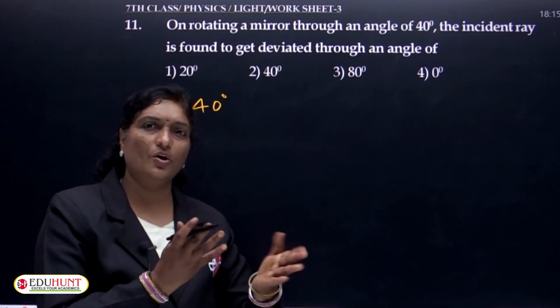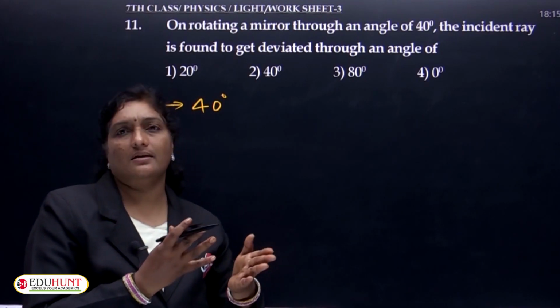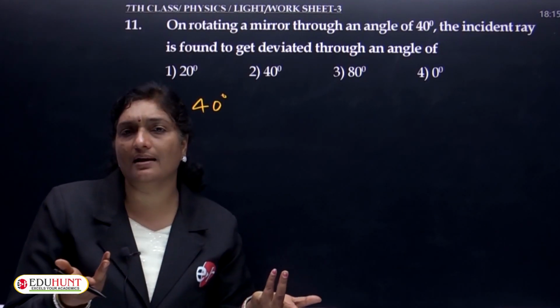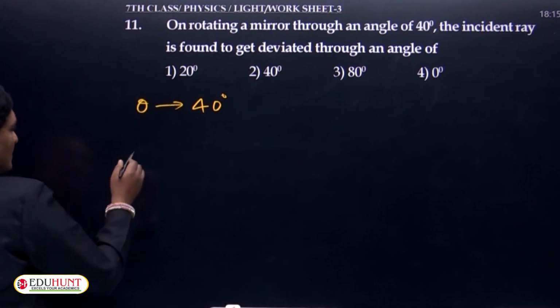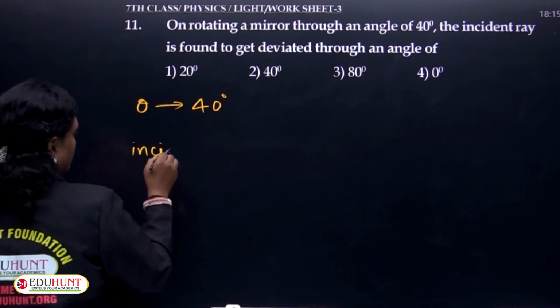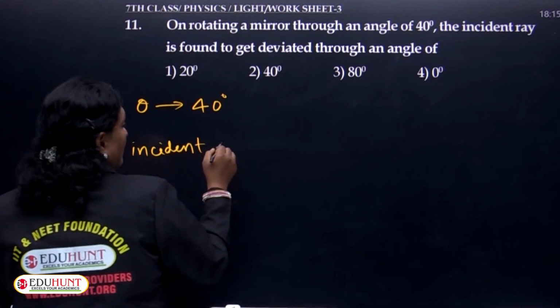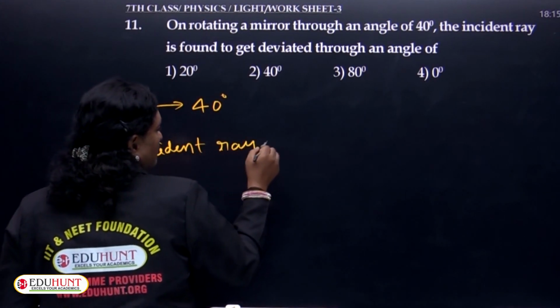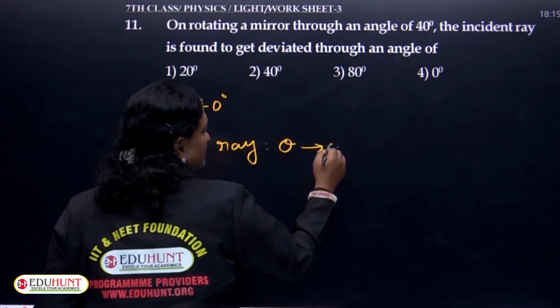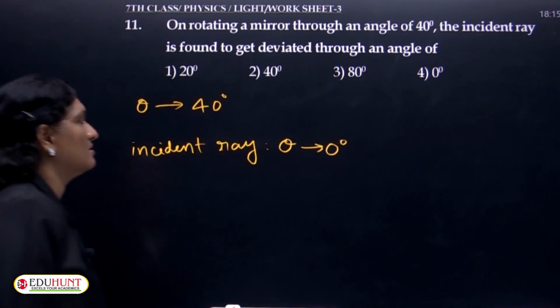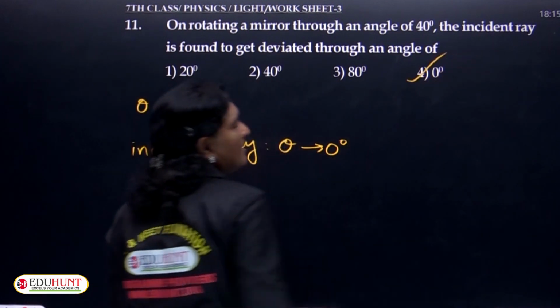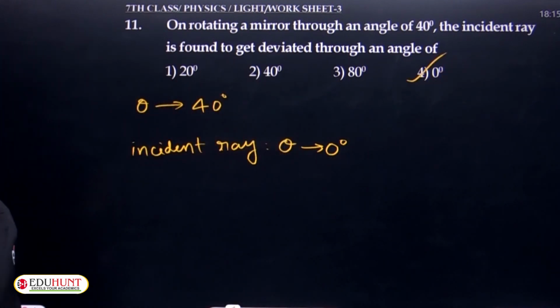That means there is no change in the incident ray. No change means what is the changing angle? Nothing. So the incident ray deviates by nothing, that is 0 degrees. So there is no deviation. No deviation can also be told as 0 degrees.